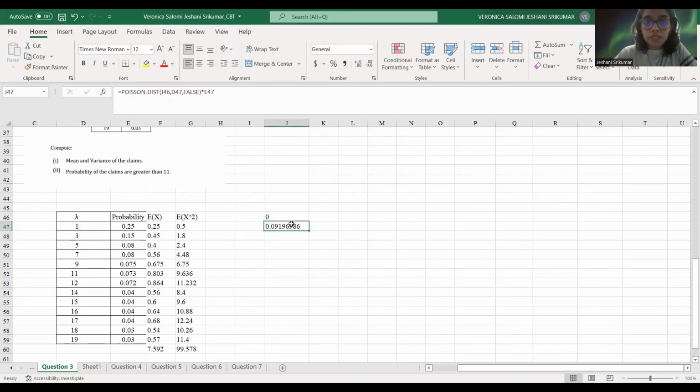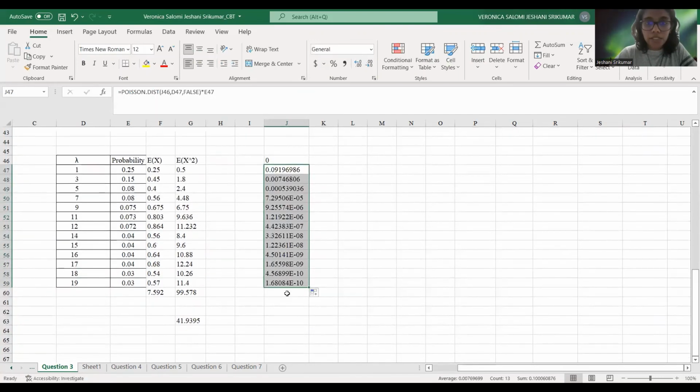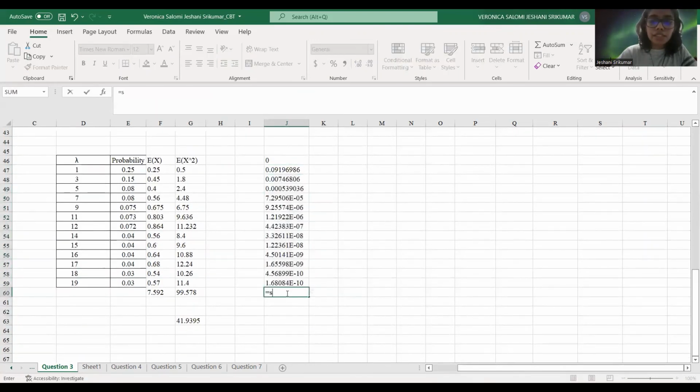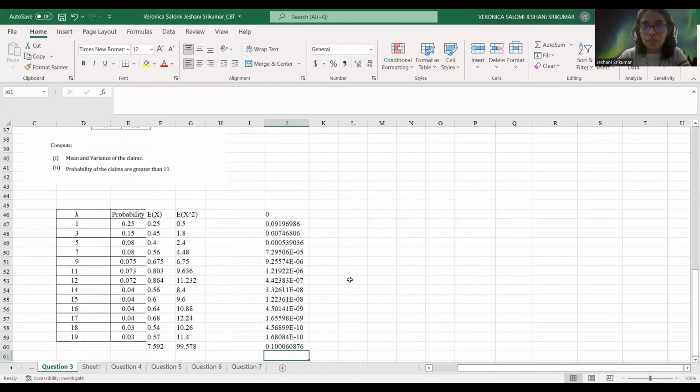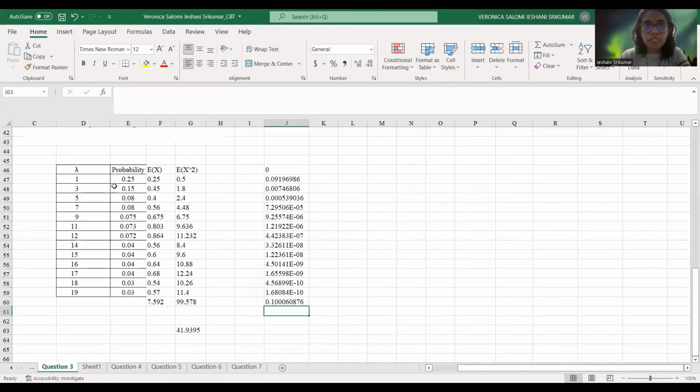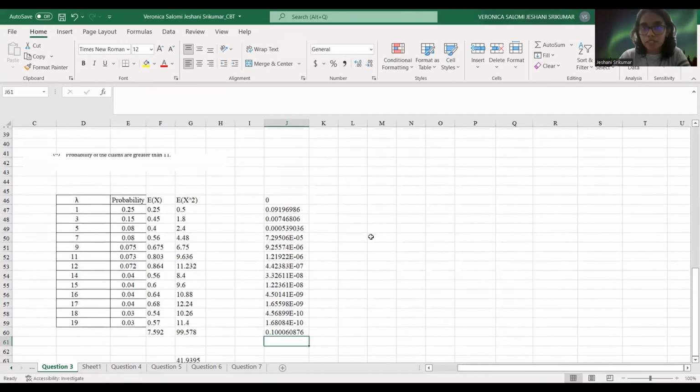So if we do this for the entire distribution, the summation that we get here would be the probability of x equals 0 for this mixture distribution, because it's multiplied by the weightage, and the summation would be the probability of 0.